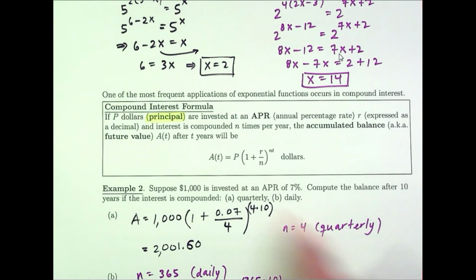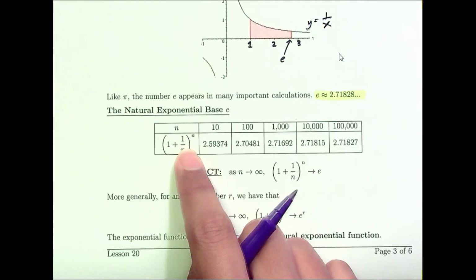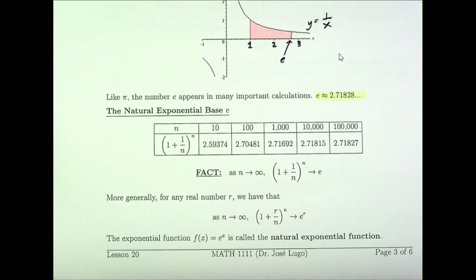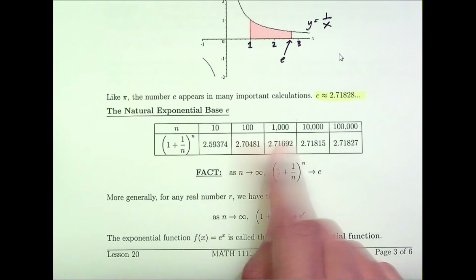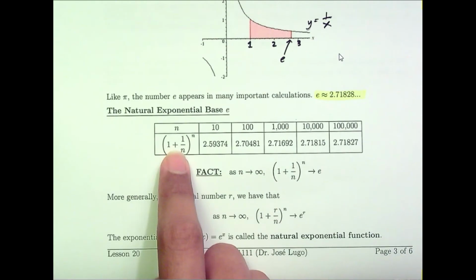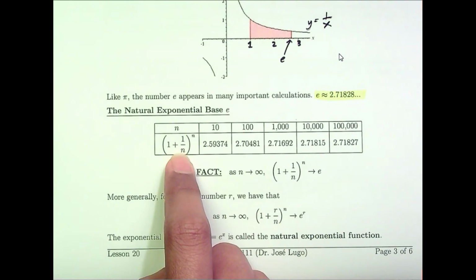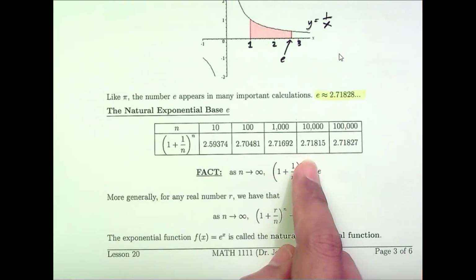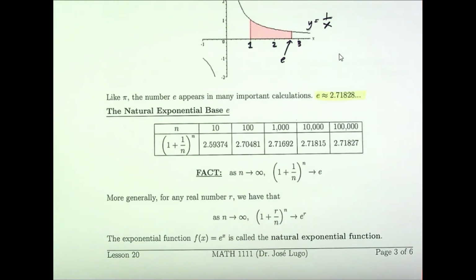In that expression, if you start evaluating with different values of n, so say n equals 10, n equals 100, n equals 1,000, n equals 10,000, and you keep plugging in numbers that are bigger and bigger, of course this is going to get bigger, but it doesn't get bigger indefinitely in the sense that it grows without bound. No, there's actually a cap.